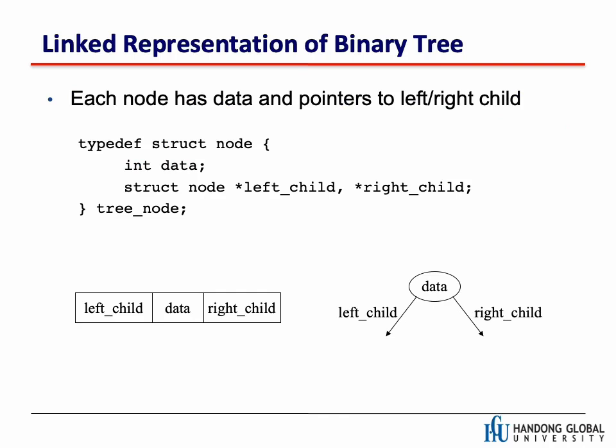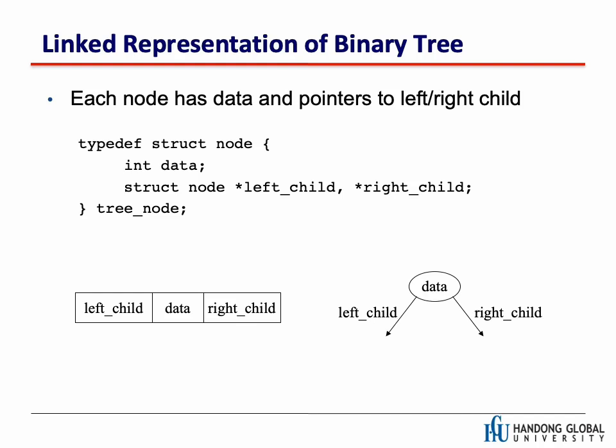Now let's talk about the linked representation of binary tree. When we were talking about list, we talked about array and we talked about linked list. And when we were talking about stack, we used an array and we used a linked list.